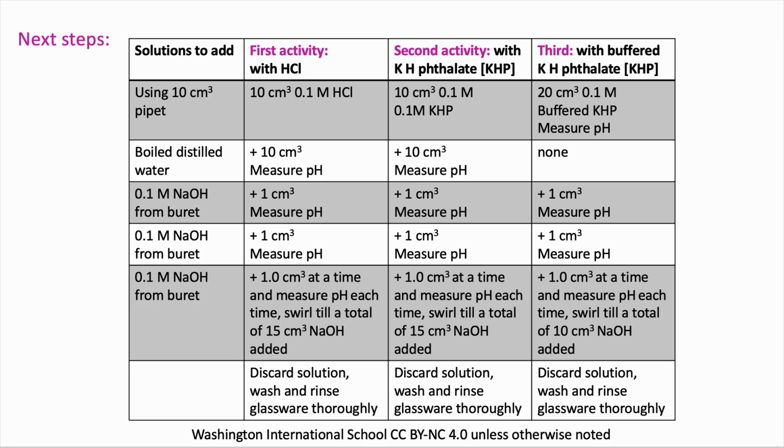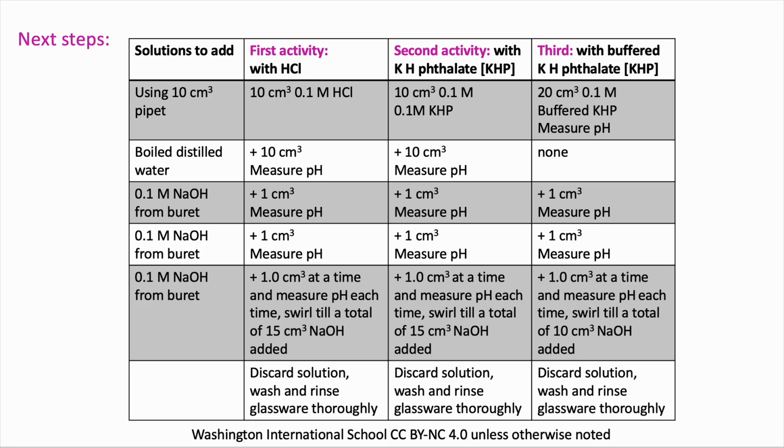So with a 10 centimetre cube pipette, these are accurate measurements, you're going to get 10 centimetre cubed of 0.1 molar HCl, add 10 centimetre cubed of distilled water, measure its pH, add 0.1 molar solution of sodium hydroxide from the burette and measure its pH.